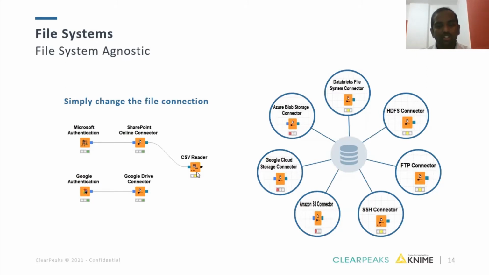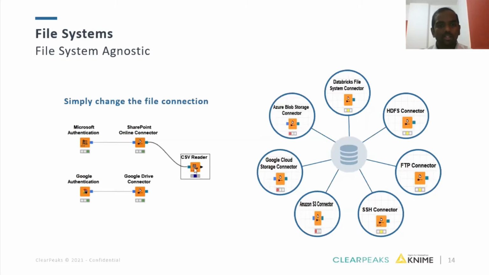Then while being pushed to production, the data scientist can just embed the necessary cloud system or a different KNIME server hosted system file connection nodes, and just include that connection to the reading node, and then it seamlessly works. So the file system node is aware of the file connection that it is coming from, and it also stores the structure of the file that is being read. So you can plug and play wherever you require, and you can build your workflow locally and push it to production with seamless integration. On the right-hand side of my screen, you see all the file systems that KNIME is currently capable of supporting, and even more.